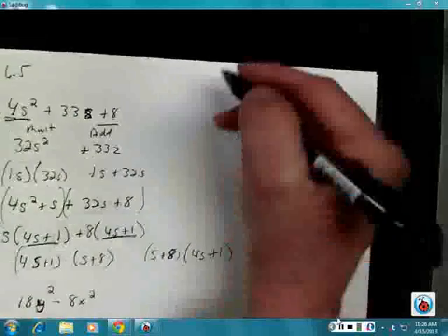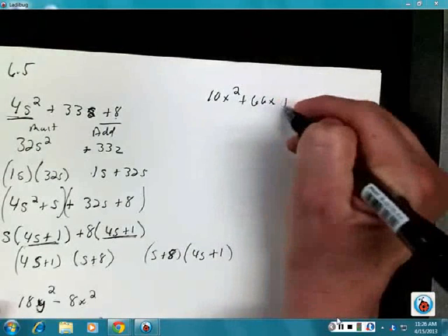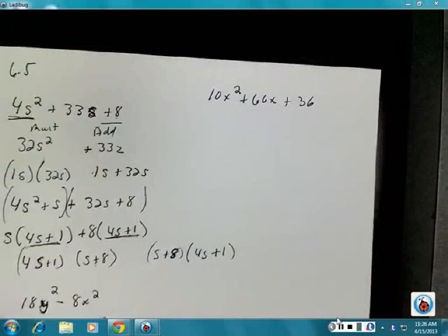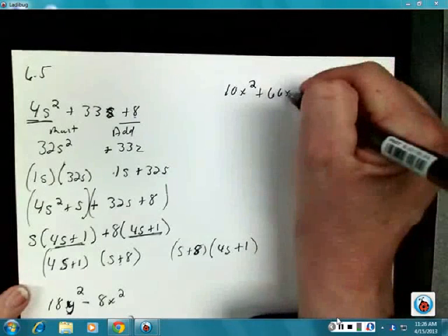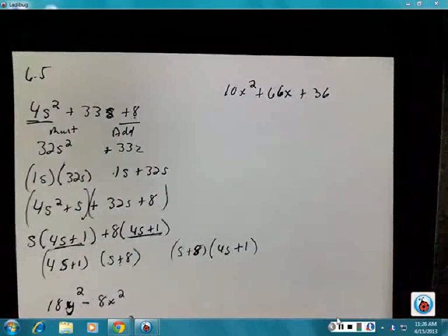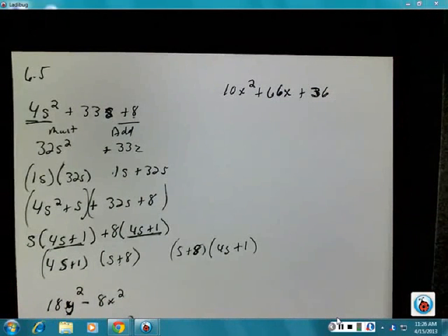How about this one? 10x squared plus 66x plus 36. 66x in the middle and 36 at the tail end. So, what can I do to it?